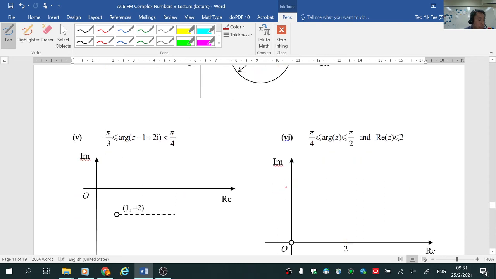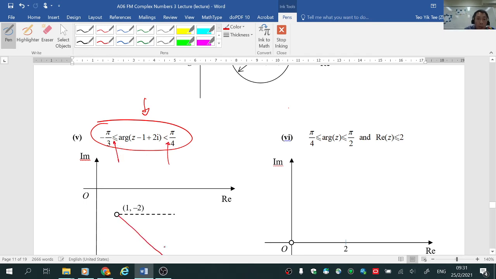Okay, and of course, finally, the last two examples. Argument of z minus 1 plus 2i smaller than or equal to pi over 3 and greater than pi over 4. So this one again is a half line. A half line passing through 1, minus 2, making an angle of pi over 4, non-inclusive, and negative pi over 3, inclusive.